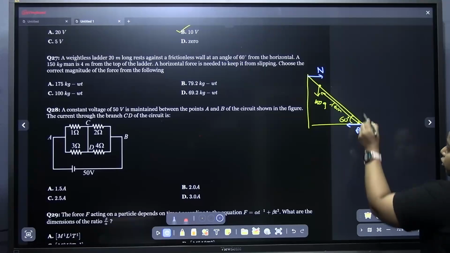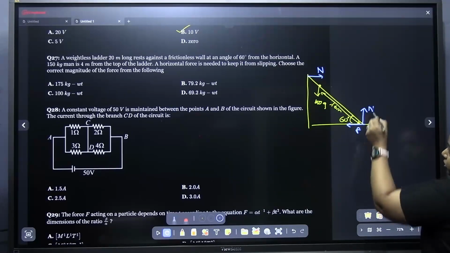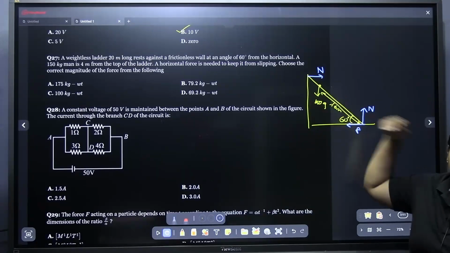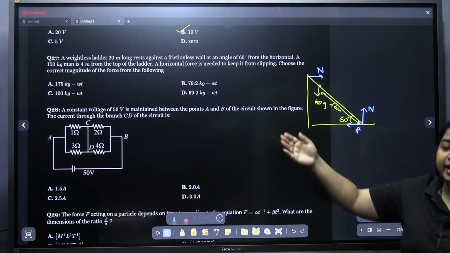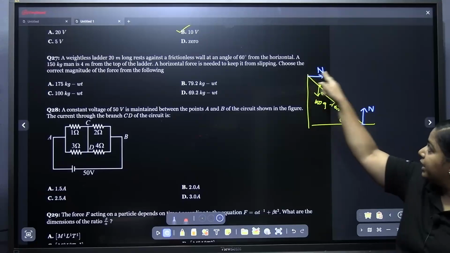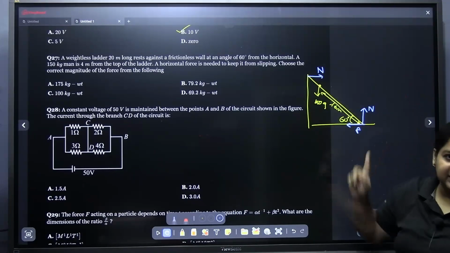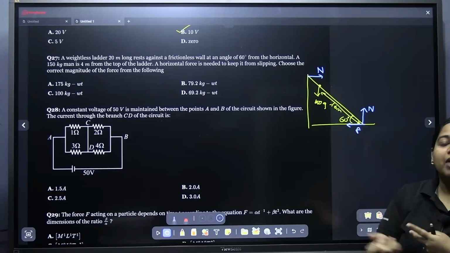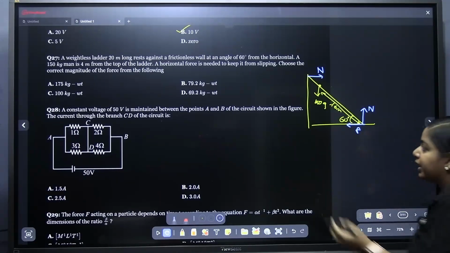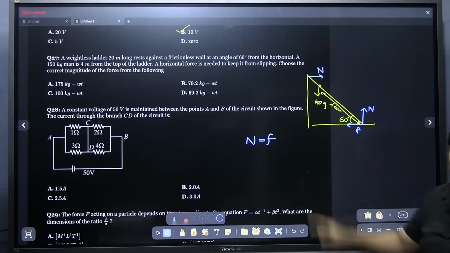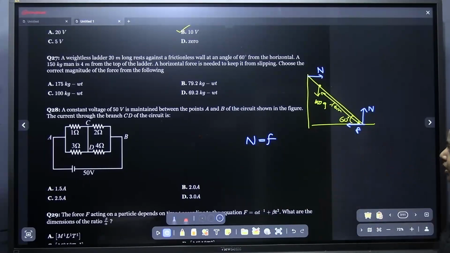Okay, so normal force is acting here also. This and this will cancel out if you are taking the linear way, and this external force and this N will cancel each other out. Now we have to see the rotation way. So we can get that N equals F. This F we have to find.